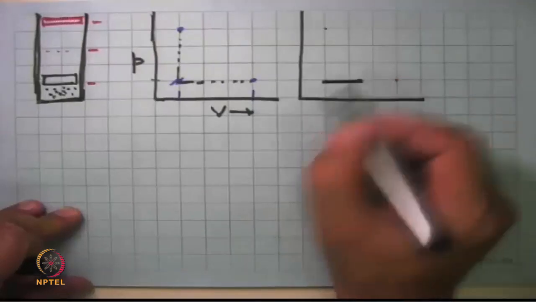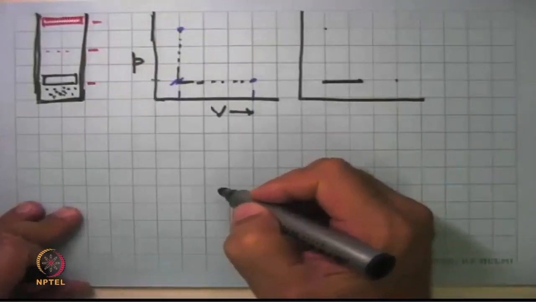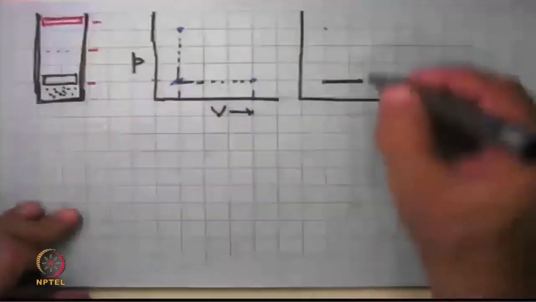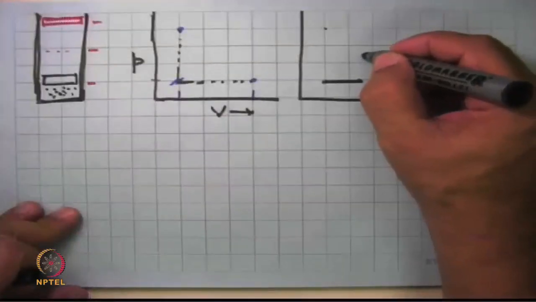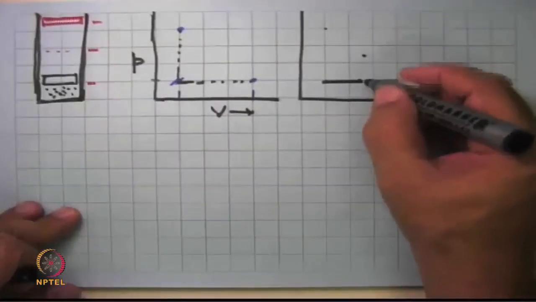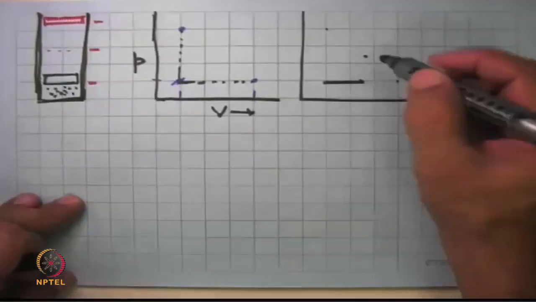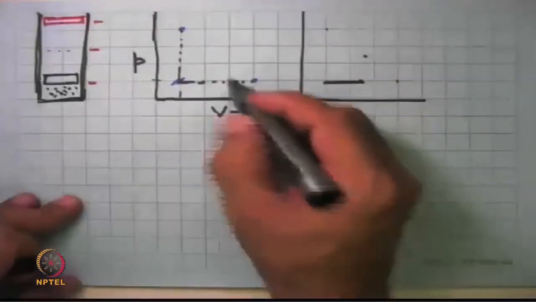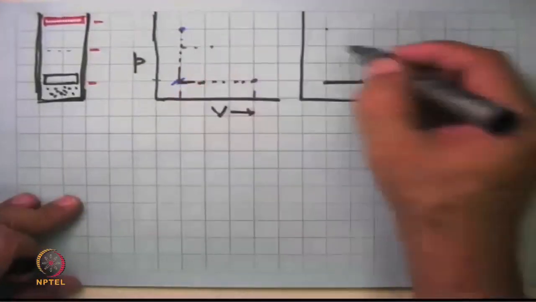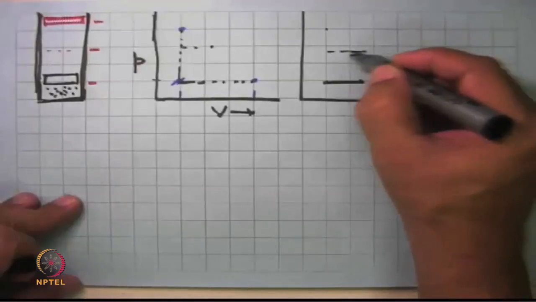So this is the work it does. And in the second process, after equilibrium has come, it has now come to this point, and now it will do a little more work there. So that's what happens, that here you got only this much work, but in the next case, we get more work coming out of the system.